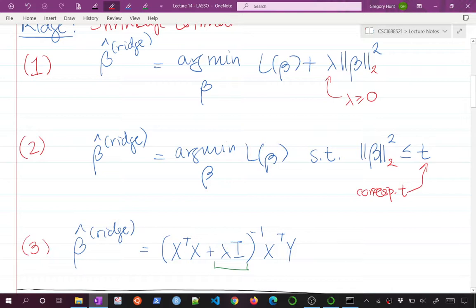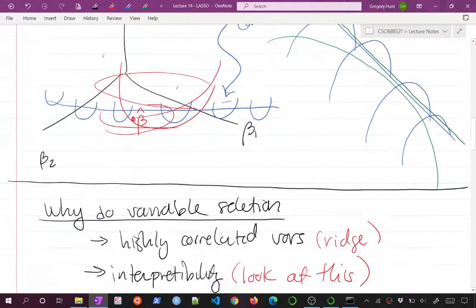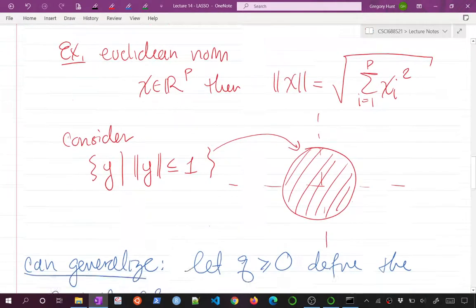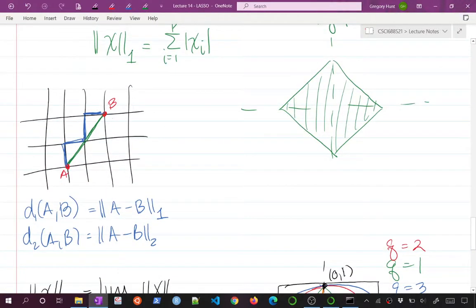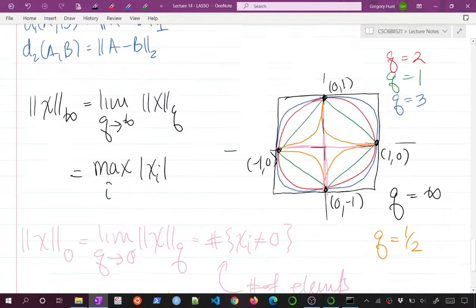And the question is, what happens if I use something else other than that 2 norm? Does it matter? Am I going to get the same answer? Does the geometry here somehow affect the solution we're going to get, or affect how easy we can get that solution? And this brings us up to what's called the lasso.